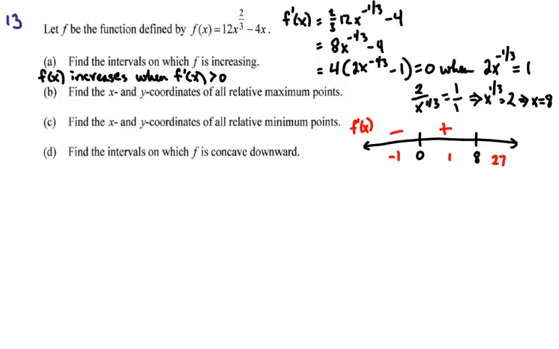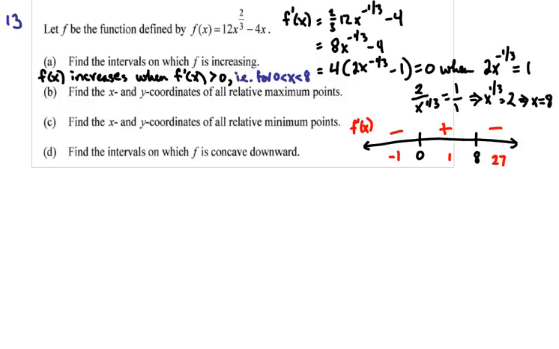Next, when x is equal to 27, then x to the negative 1/3 will be 1 over the cube root of 27, which would be 1 over 3. 2 times 1 over 3 is 2/3, minus 1 is going to be negative. And so everything in that interval will be negative. So we're looking for where the function is increasing, and that will happen between x equals 0 and x equals 8.